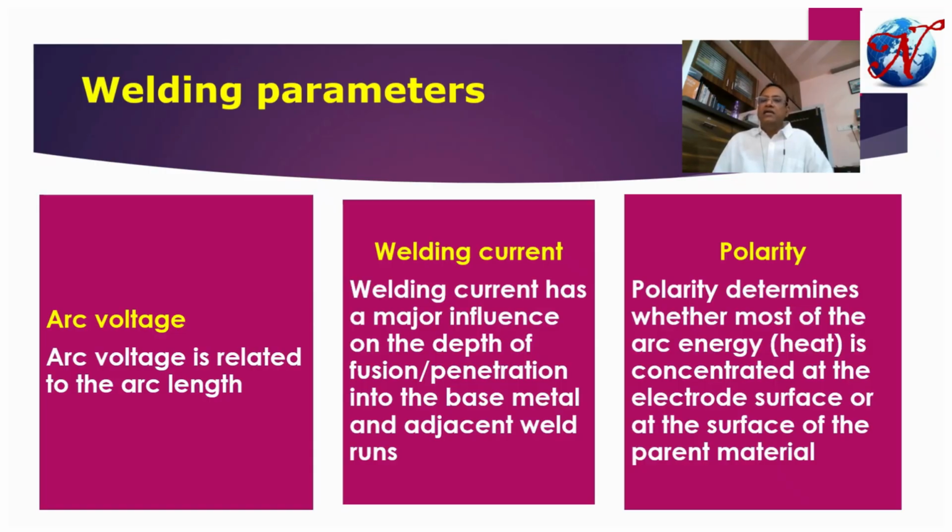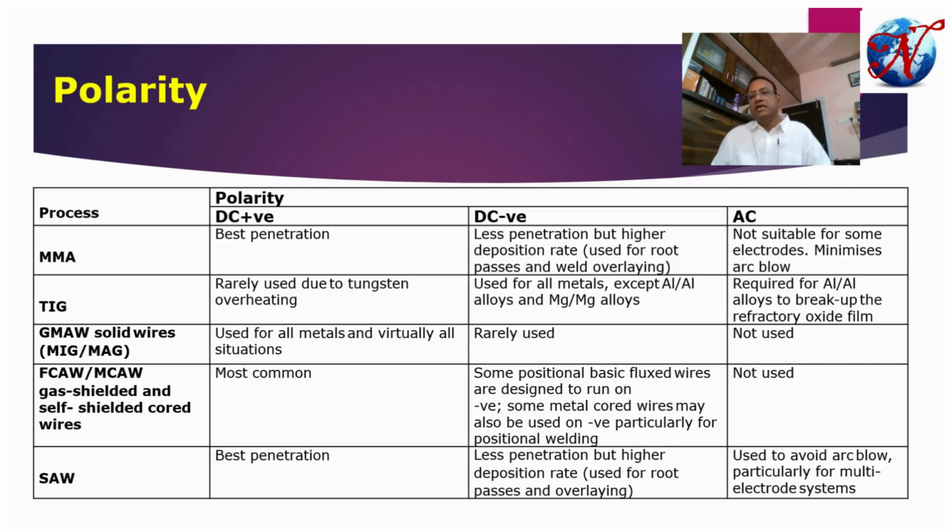And the polarity determines whether most of the arc energy or heat is concentrated at the electrode surface or at the surface of your parent material. So the input of heat and its location will be considered according to the polarity. Generally, the polarities are considered according to the weld process.